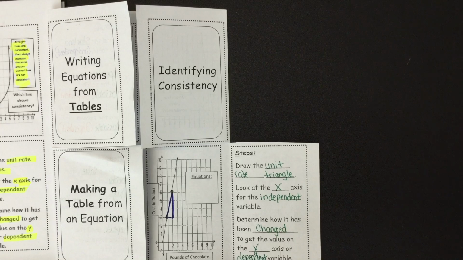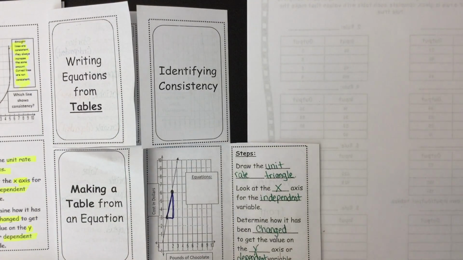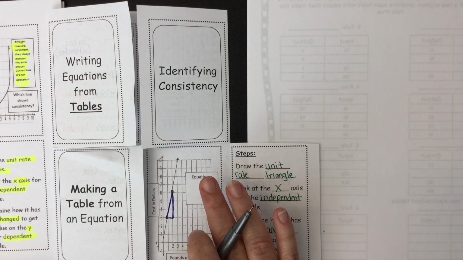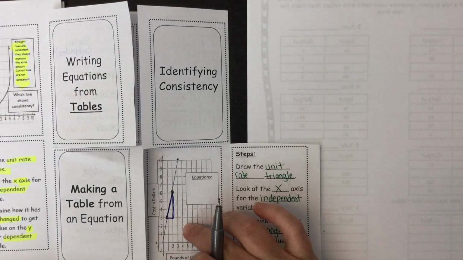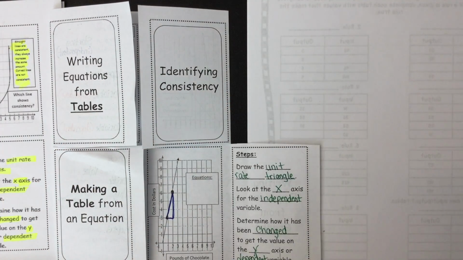That's what the unit rate triangle is. However, I don't necessarily like this way of doing it. So the way I would suggest, if it's giving you a graph and it says, okay, write the equation, is to go from the graph to a table. Because if I already know my table, I can write an equation.